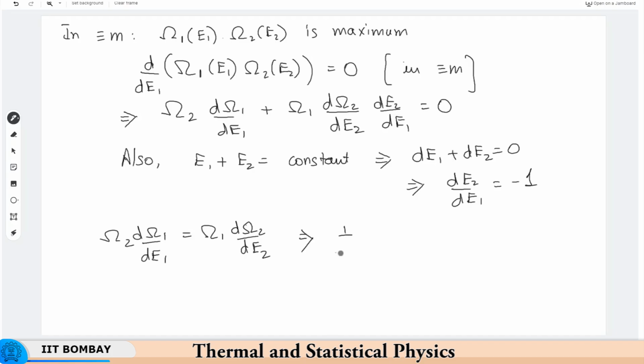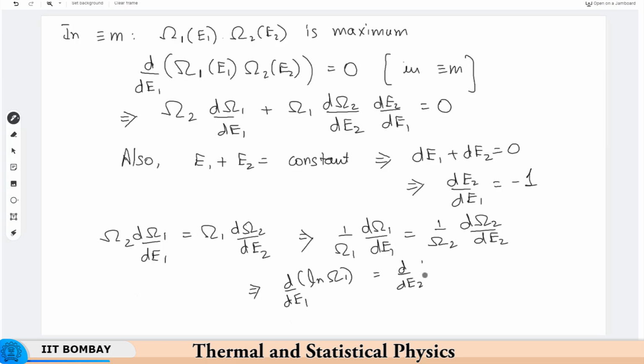So, 1 by omega 1 d omega 1 by dE1 is equal to 1 by omega 2 d omega 2 by dE2. Okay. So, in equilibrium, this is the condition. And this I can rewrite as the derivative d by dE1 of log of omega 1 equals d by dE2 of log of omega 2, right. So, this is the condition for equilibrium.